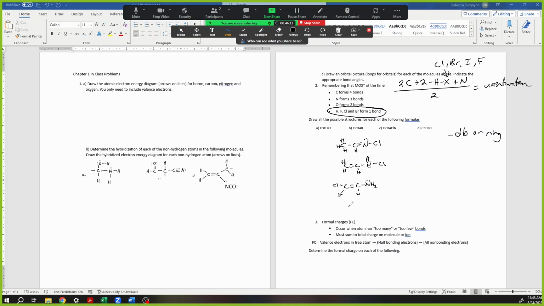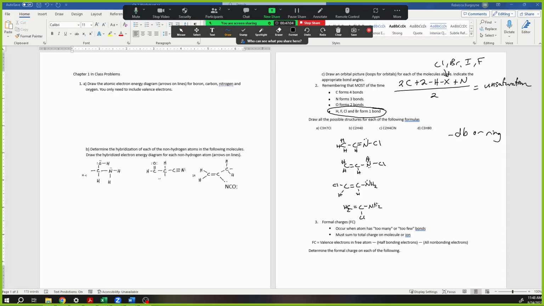Good. Very good. We can put the chlorine on the middle carbon. We can draw him that way.